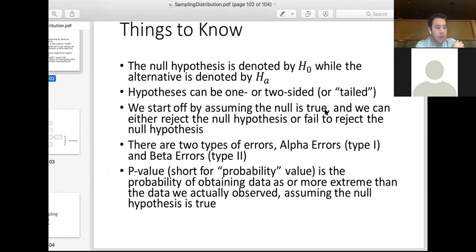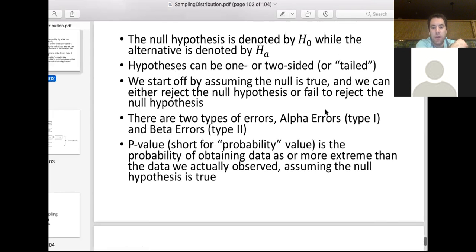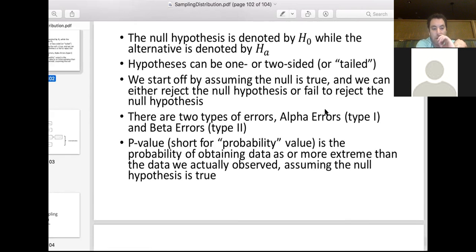And we can either reject the null hypothesis or fail to reject the null hypothesis. And there are two types of errors here: alpha errors, called type 1, or beta errors, which are called type 2 errors. And the p-value, which is short for probability value, is the probability of obtaining data as or more extreme than the data we actually observed, assuming the null hypothesis is true.